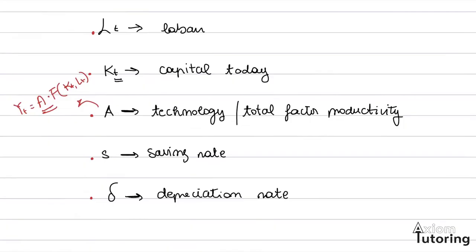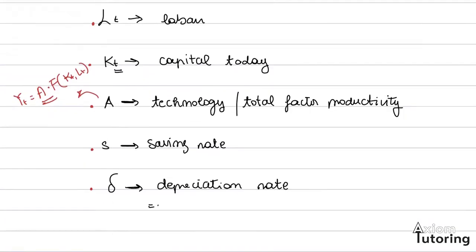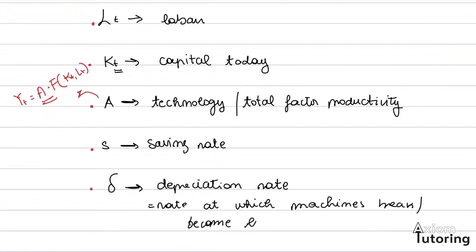And finally, our final important parameter here is the depreciation rate. The depreciation rate refers to basically the rate at which capital, let's say machines, break or become less productive because they're being used.